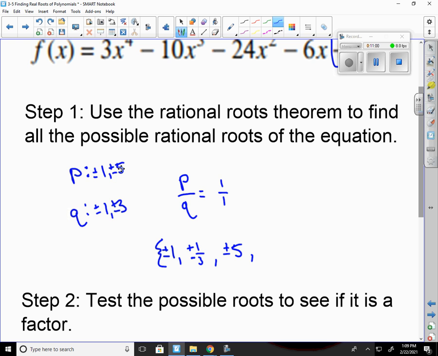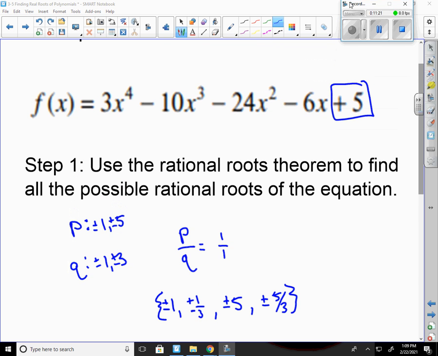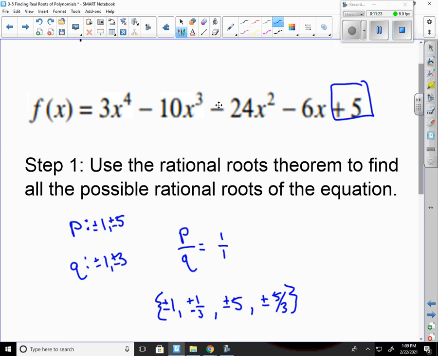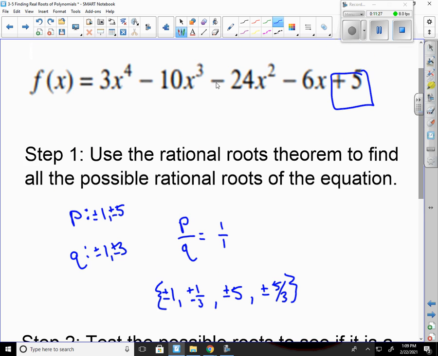Or it could be positive 5 or negative 5 over 3. So that's our last option, plus or minus 5/3. So these are all the possible values of p over q. So now we're going to test the possible roots to see if it's a factor. How can we test our possible roots? Well, we can take the original equation and use synthetic division.